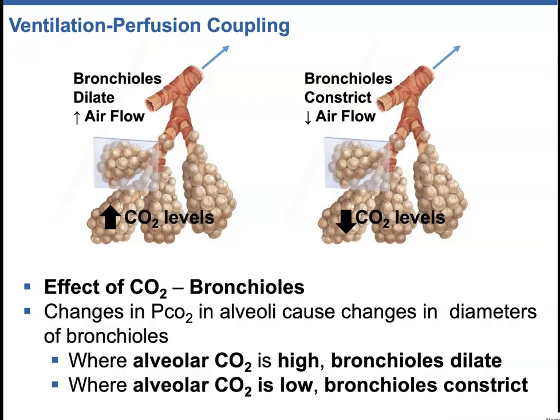The diameter will be smaller and not as much air will be exhaled out because you're not producing as much carbon dioxide. So it's pretty cool how our body is able to regulate with the ventilation perfusion and the coupling that happens based on what our oxygen concentration is with our arterioles and then what the carbon dioxide level is in the alveoli relative to what it is that the bronchioles are going to do.